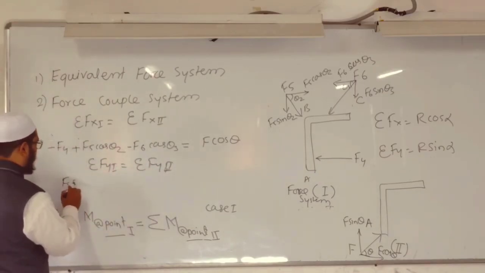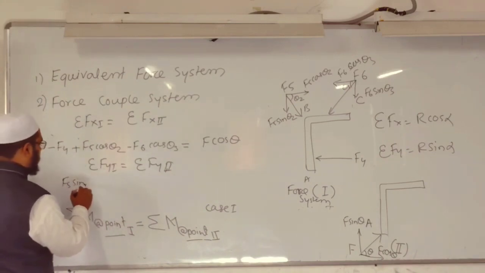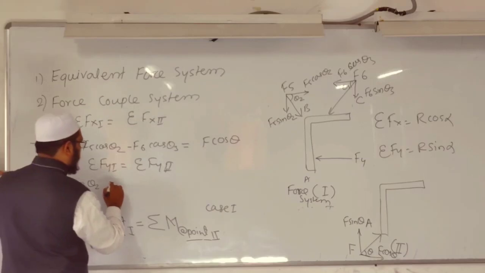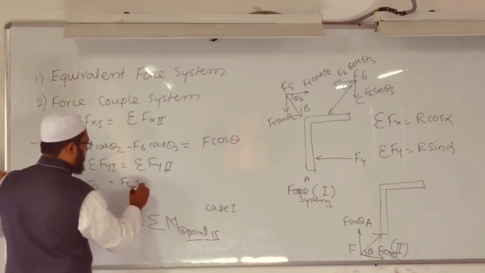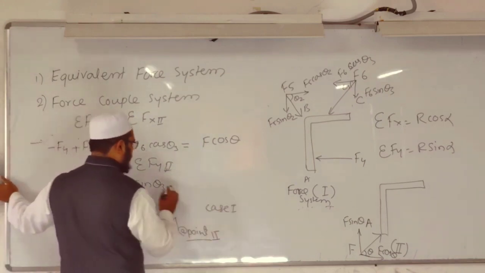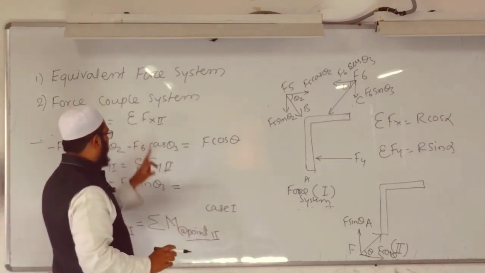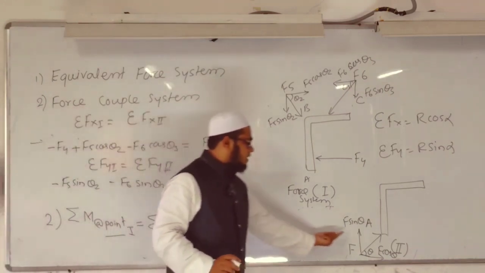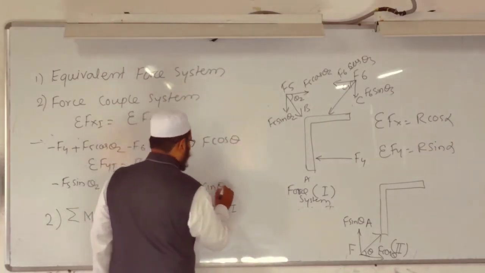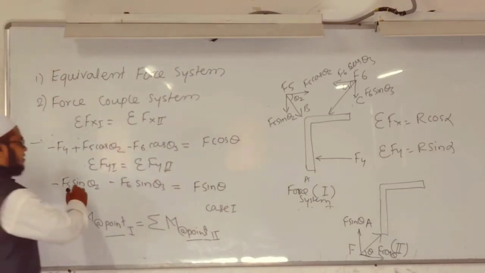F phi u sin theta 2, this force is downward, minus, and this one is also downward, that is minus, equal to summation Fy of second force system, which has only one force, that is F sin theta. It is equation number 1.